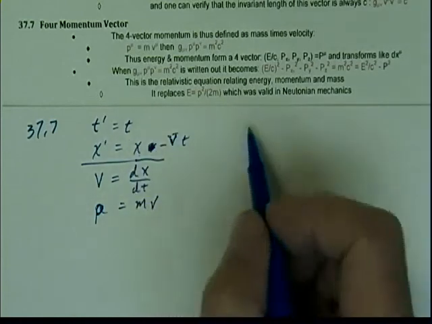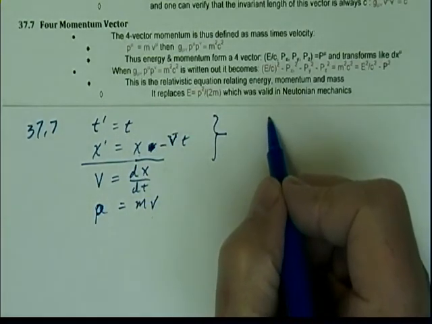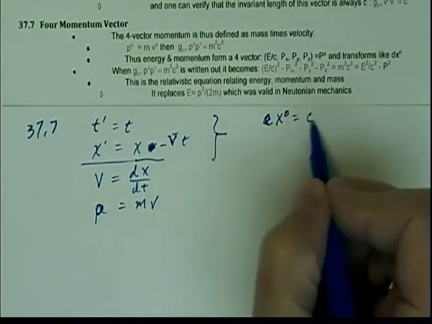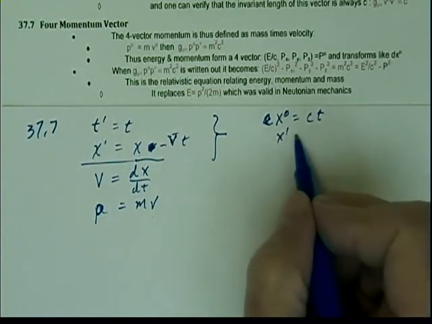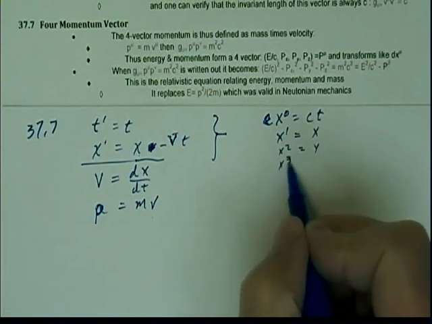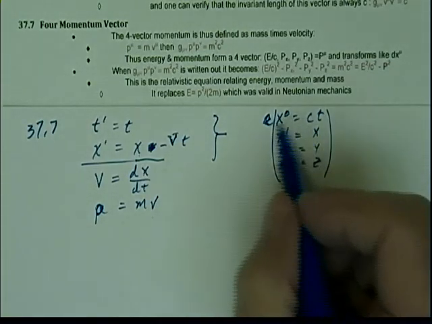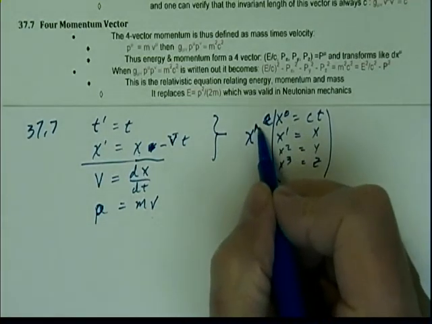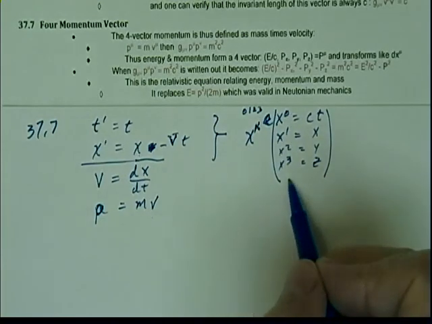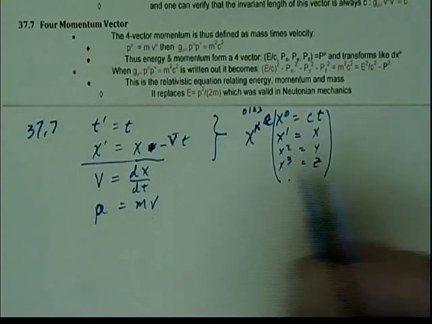Well, now we have changed this, and we realize that all of these are now connected in one vector, x naught, which is ct, x1, which is x, and x2, which is y, x3, which is z, and these 4 pieces of position called x mu, where mu goes 0, 1, 2, 3, are the 4 components of space and time for some event that happens.